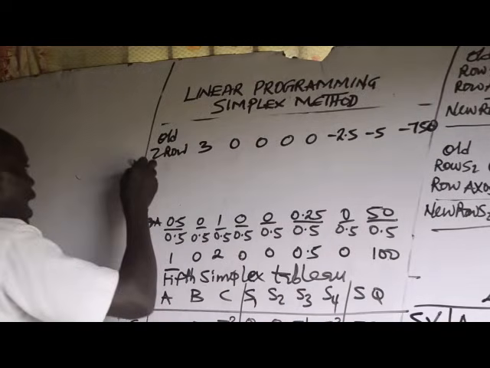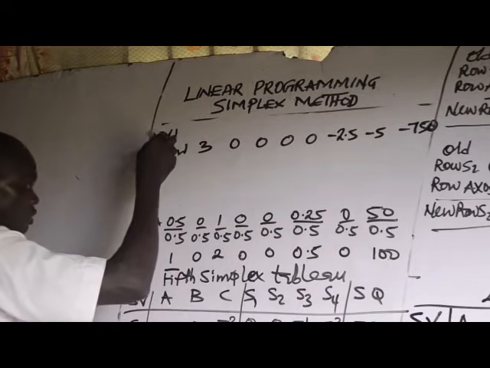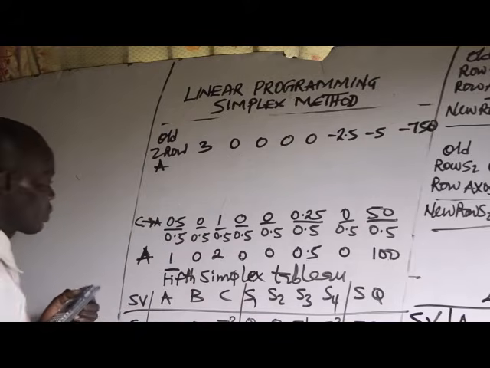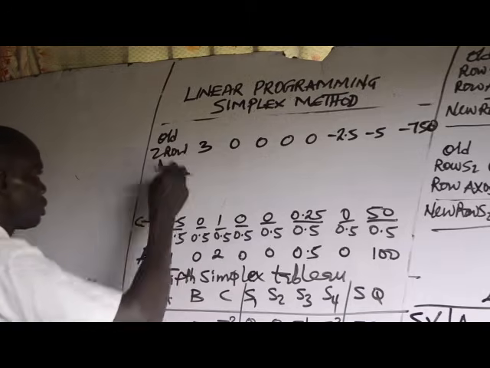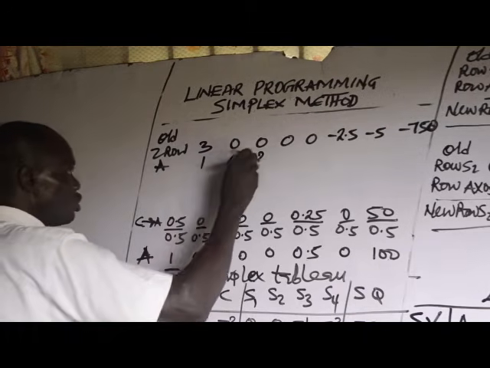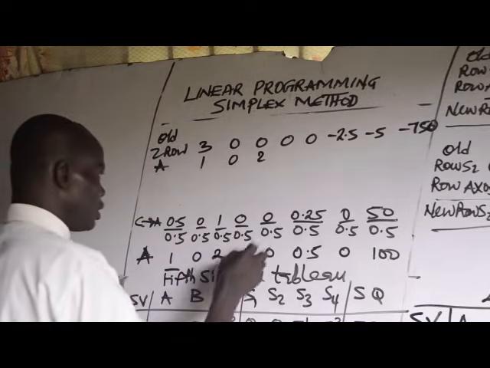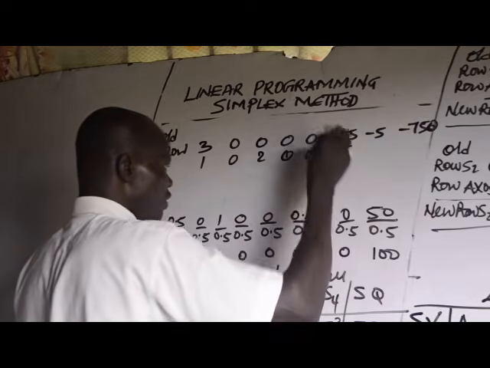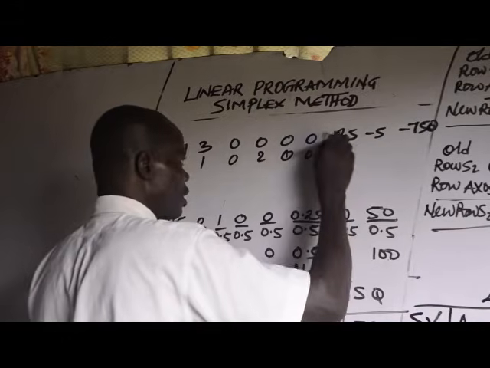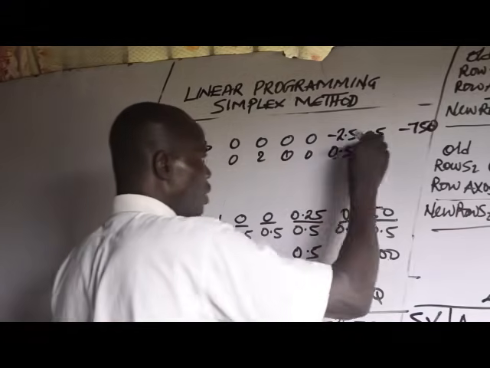So our row A now, which is the pivot row, is 1, 0, 2, 0, 0, 0.5, 0 and 100.